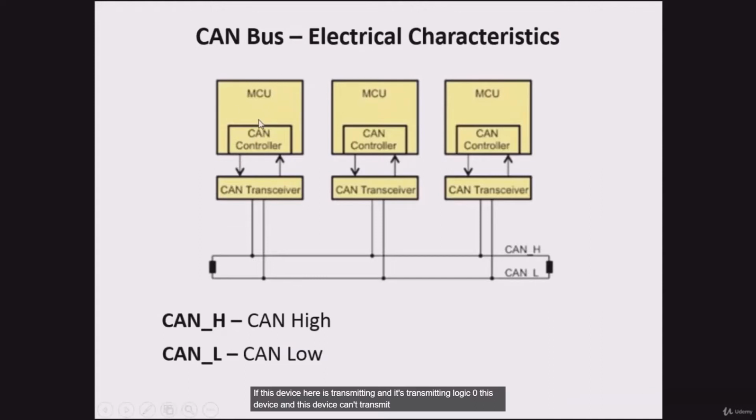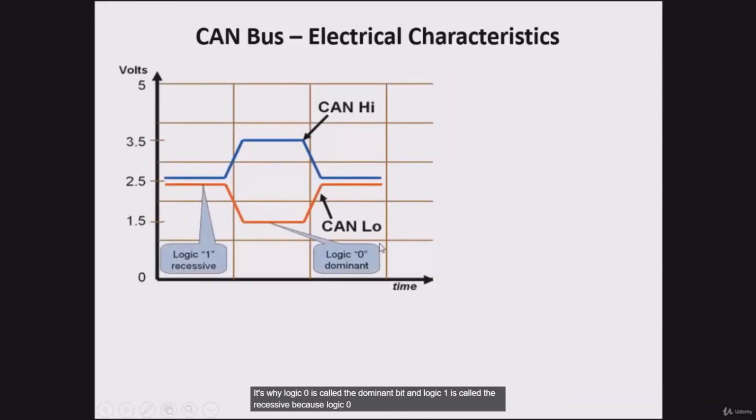If this device here is transmitting a logic 0, this device and this device can't transmit a logic 1. Once this device grabs the bus and starts with a 0, if each of the others transmits a 1 at the same time, the 1 gets clobbered, it disappears. It's why logic 0 is called the dominant bit and logic 1 is called the recessive, because logic 0 dominates logic 1 on the network from an electrical standpoint.